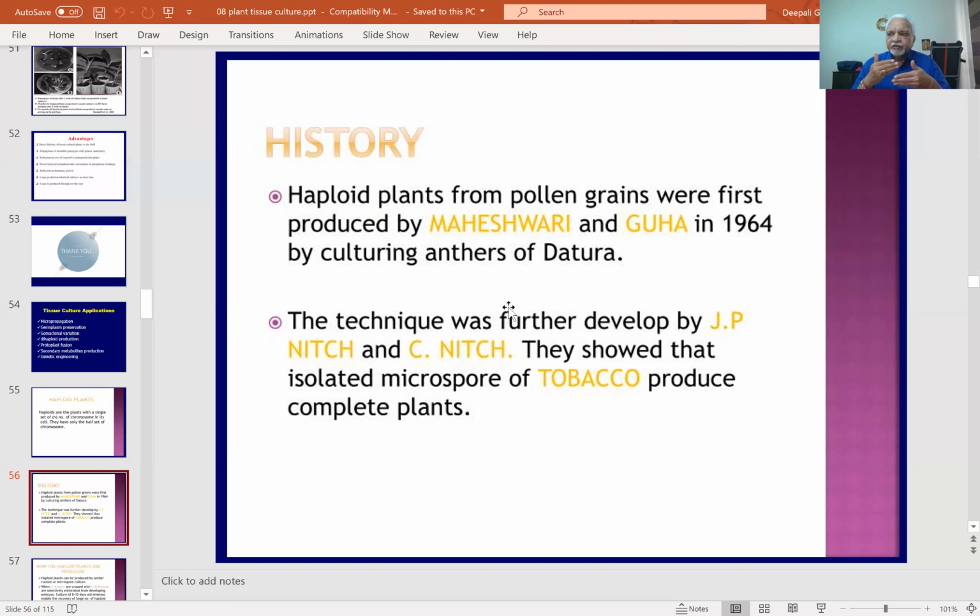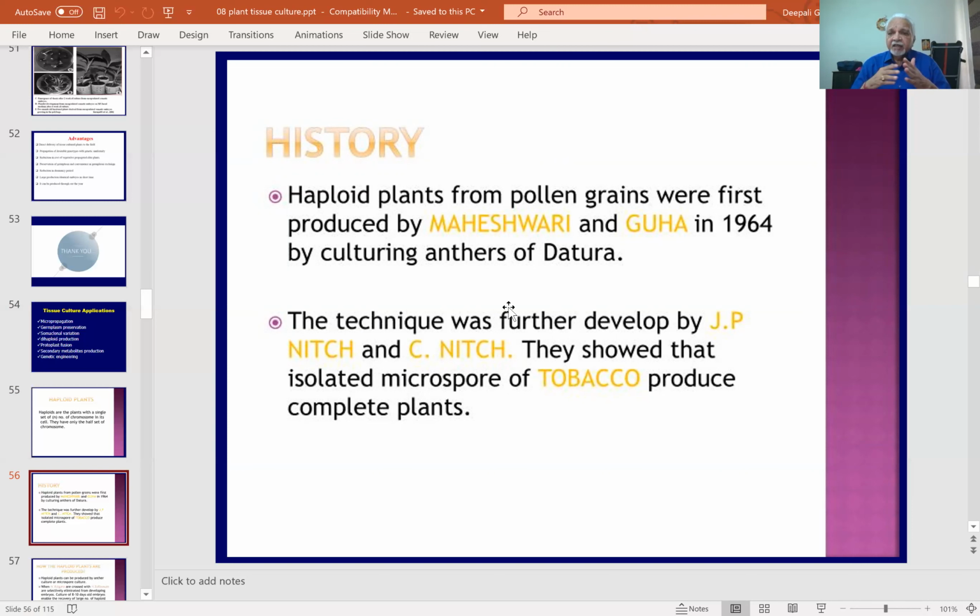And this technique was subsequently refined by Nitsch and Nitsch in tobacco systems. These were experimental systems which were tried initially, in Datura and then in tobacco, and it was suggested that if it is happening in these two model systems, it can happen anywhere.